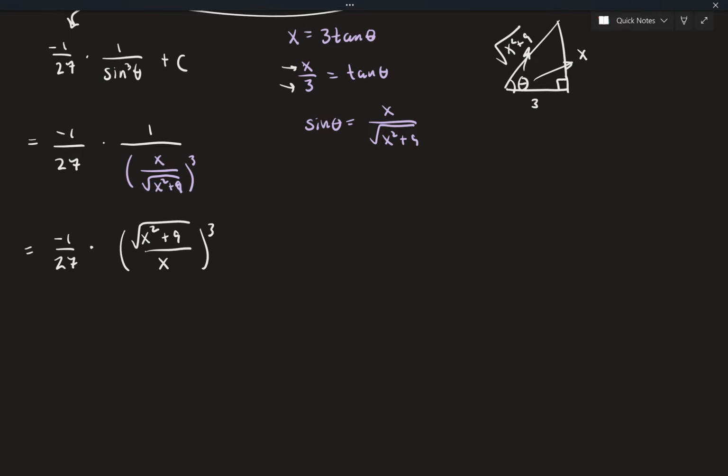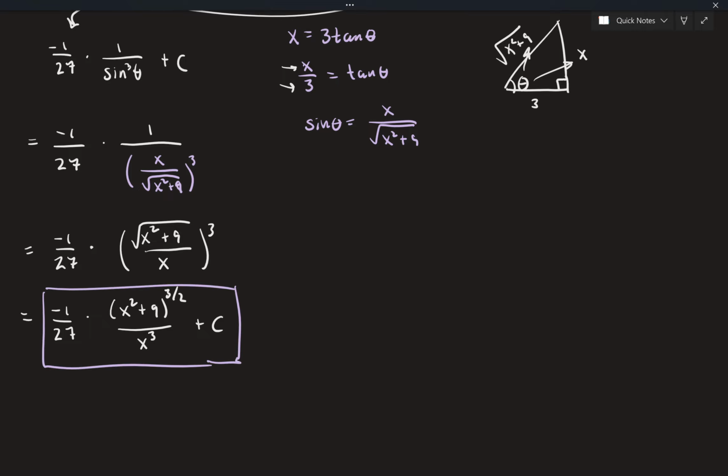Raise it to the third power. And then I have minus 1 over 27. I'm just going to distribute that cube. There's not too much else I can do. I'll make it a 3 halves, and then x cubed, plus c. And that's the final answer.